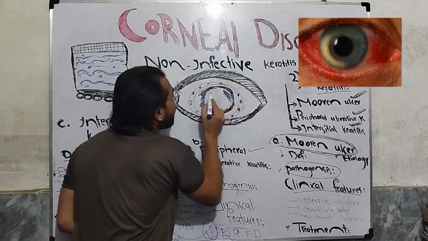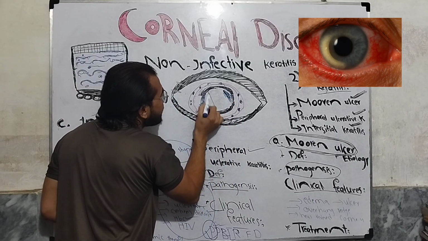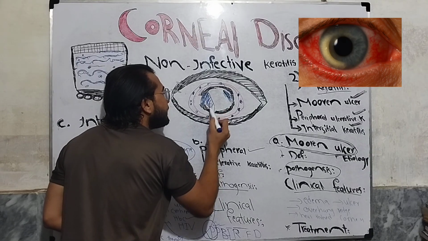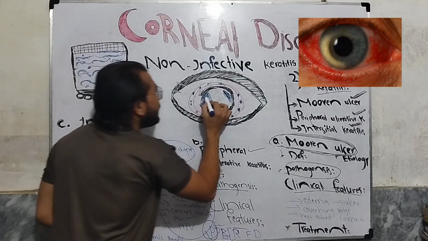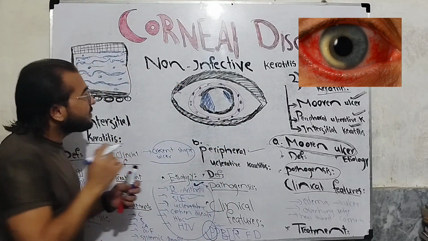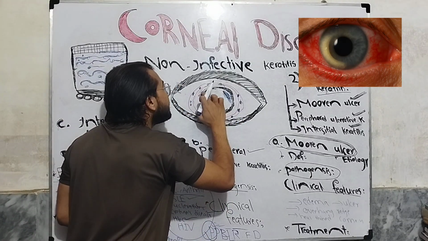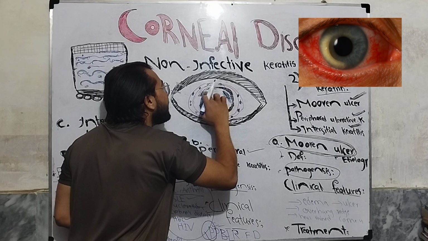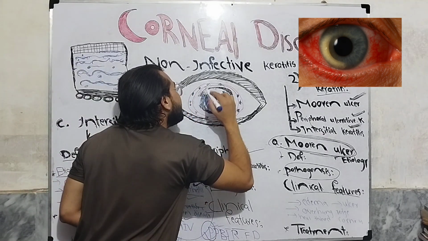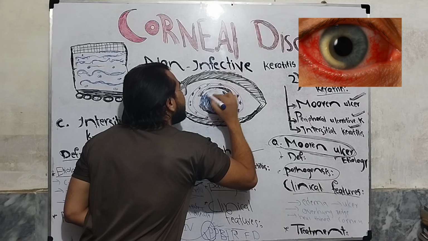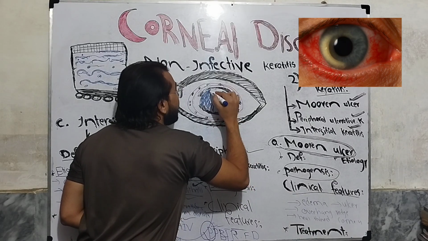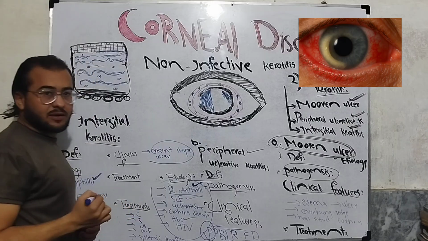With the severe pain, there will be a crescent shape ulcer, and this ulcer is spreading more circumferentially, in the periphery. It can spread centrally, but it more follows the periphery.